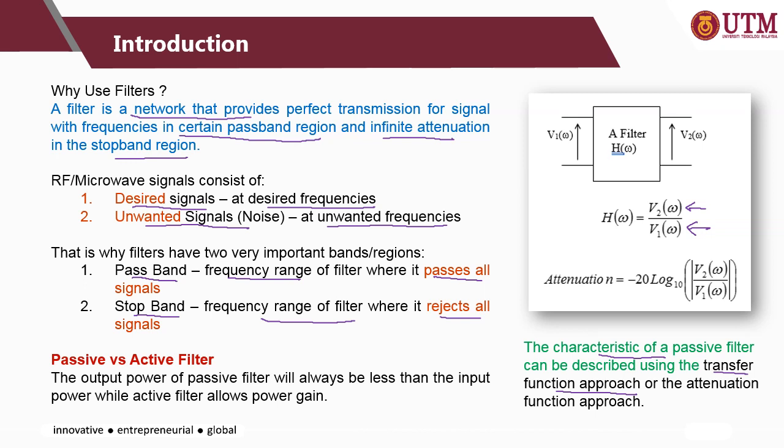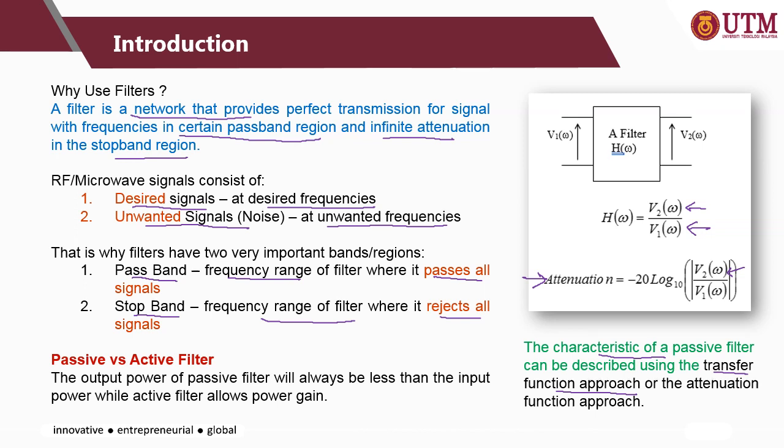You have also learned how to characterize or analyze the filter characteristic by using a Bode plot in signals and systems particularly. And the attenuation can be calculated by -20 log of your transfer function, the ratio of the output over the input.